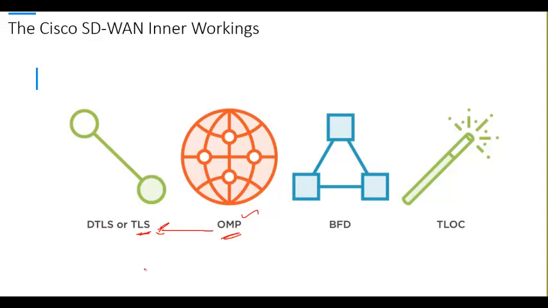In simple words, OMP exchanges control plane information. OMP is between vSmart and the WAN edge. vSmart will not come in any situation into the path of data plane application traffic.